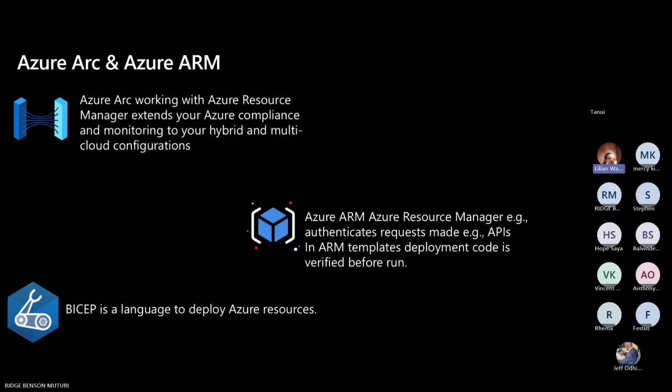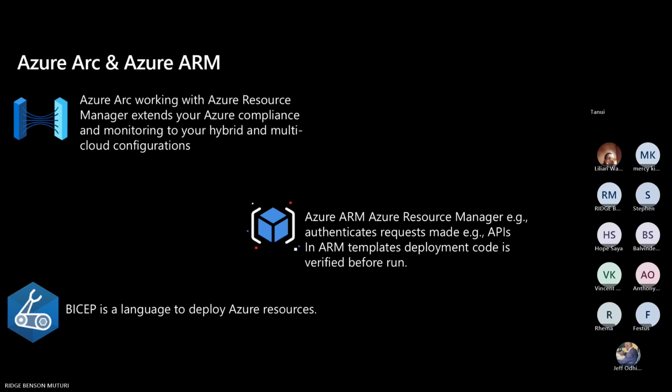And Azure ARM is Azure Resource Manager in full. It authenticates requests made, and it uses APIs. We were discussing APIs in the last session, and someone asked about REST API. I don't know if someone went to the extent of researching more about it.